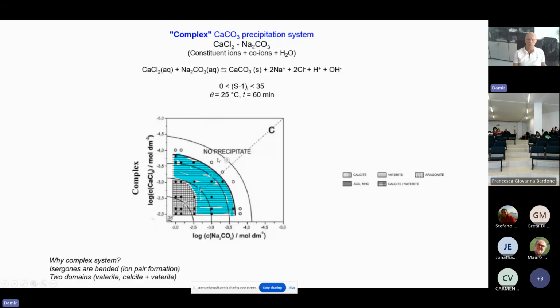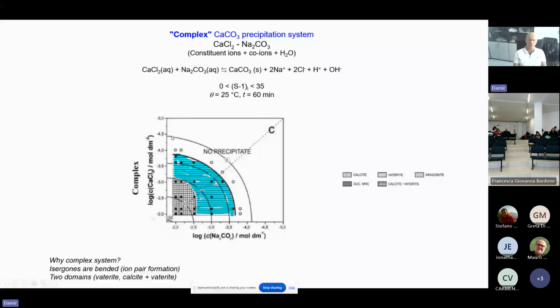The precipitation domain is identical to that shown before. It is in a range between 35 and 0. Temperature was 25 degrees, and analyzing time was 60 minutes. After 60 minutes, we analyzed the content and the morphology of the precipitate. You can see the isogones are bent.